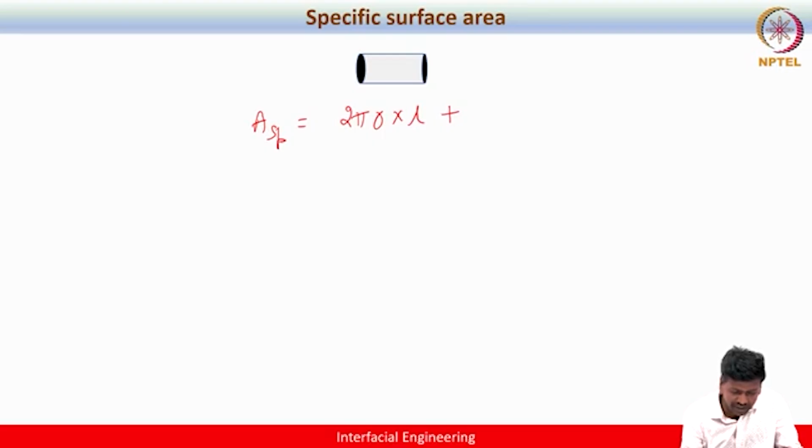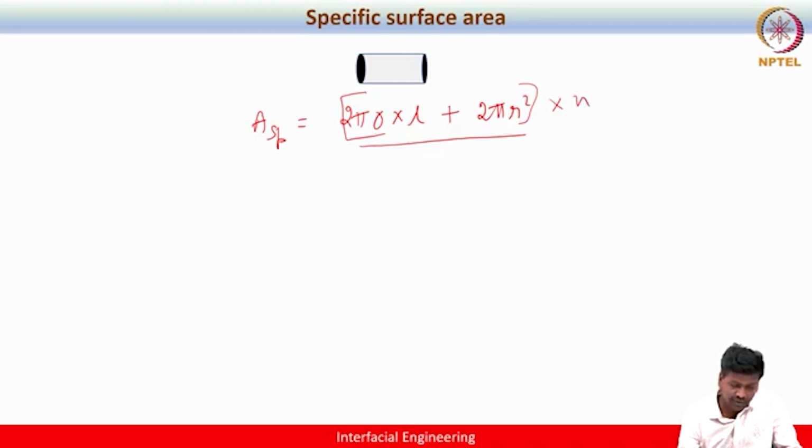Both sides carry an area of pi r square, so we will have 2 pi r square, because we got two ends over here. This entire thing has to be multiplied with n, because we have got n number of particles.